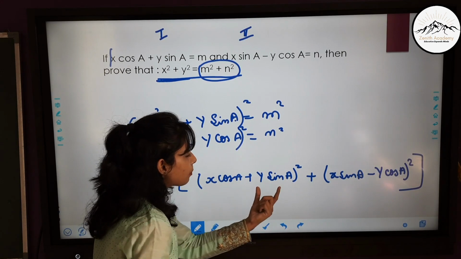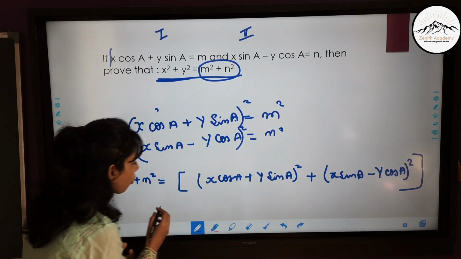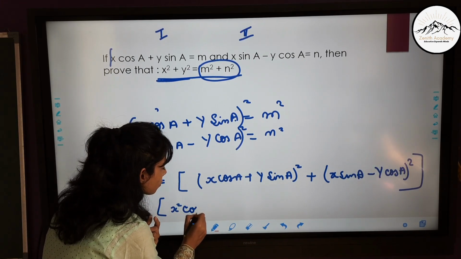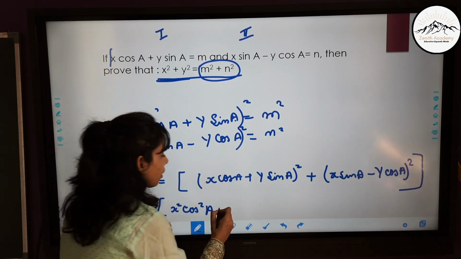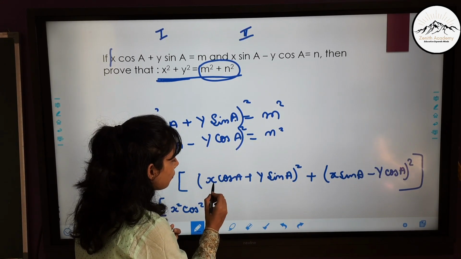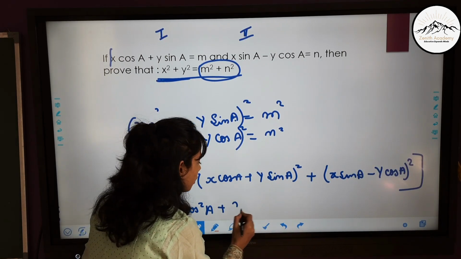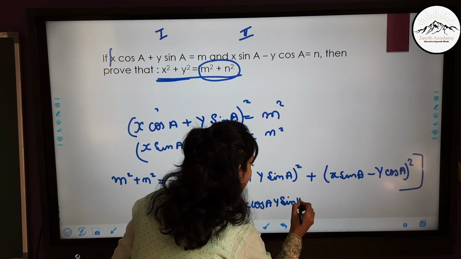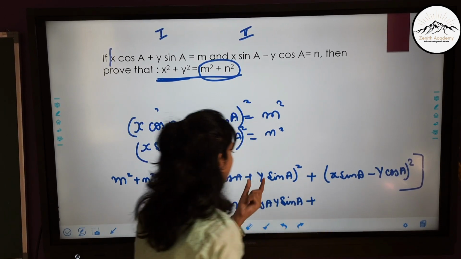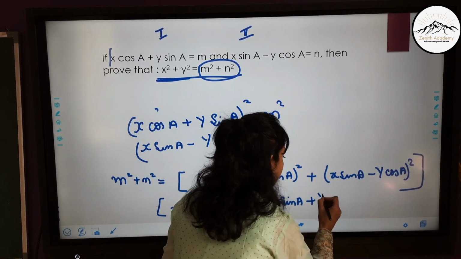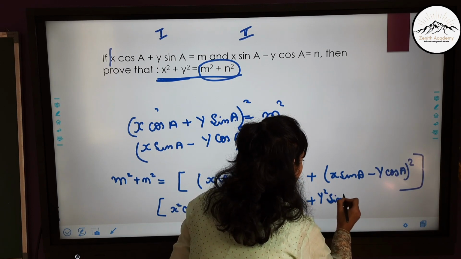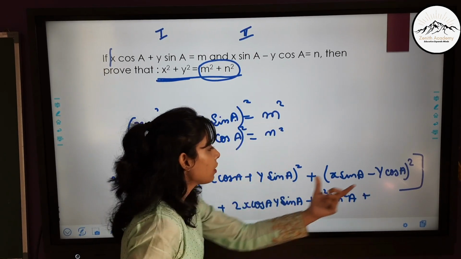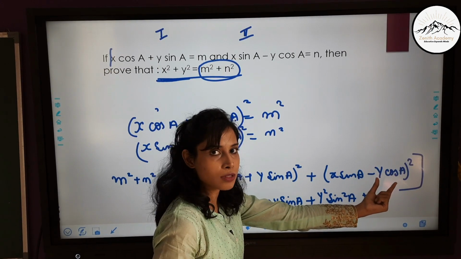See now, this is a plus b whole square, so we can open the bracket. x square cos square A, plus 2ab, which will be 2x cos A y sin A, plus y square sin square A. Now plus this whole term, this is the a minus b whole square property.